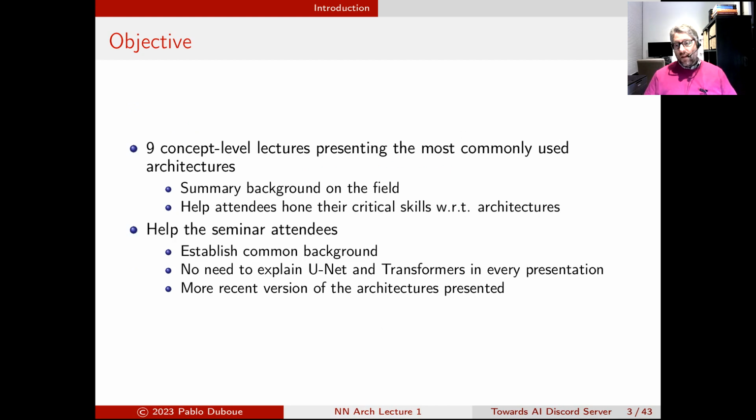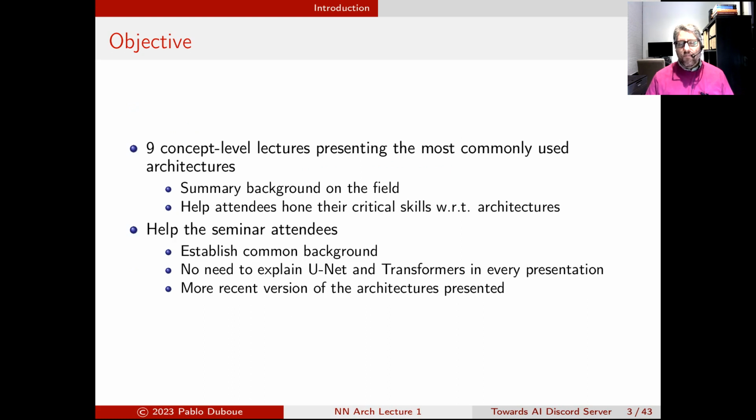So, this seminar has 9 concept level lectures presenting the most commonly used architectures. It's like a summary background of the field. It covers a little bit more than 50 papers, and the intention is to get out of the technical hamster wheel.